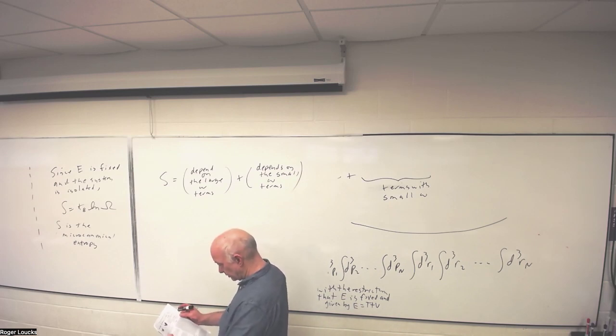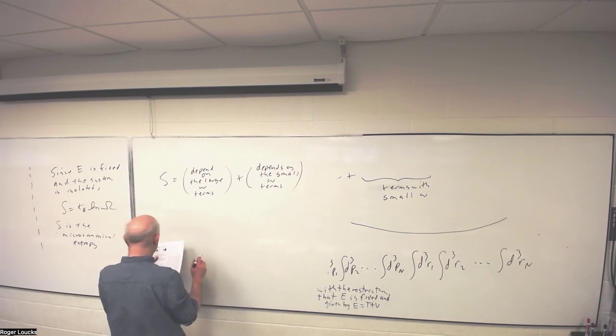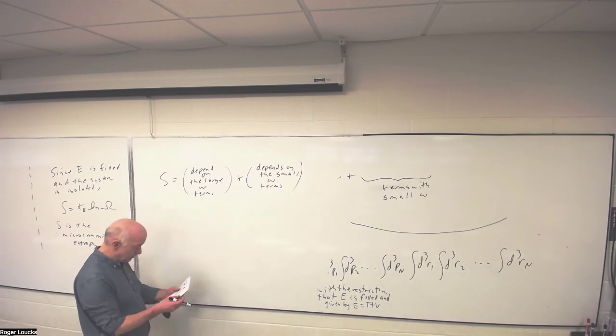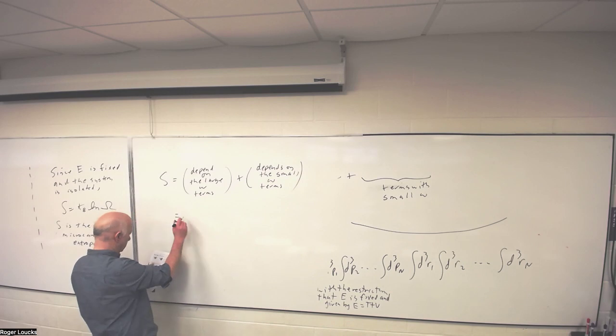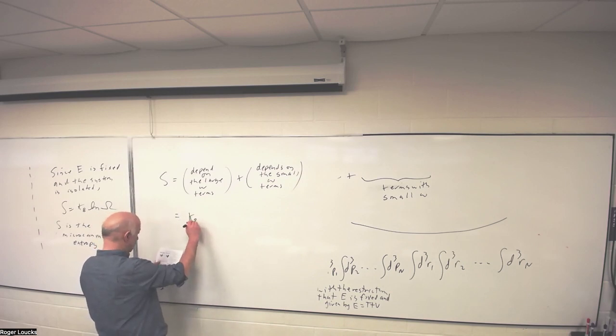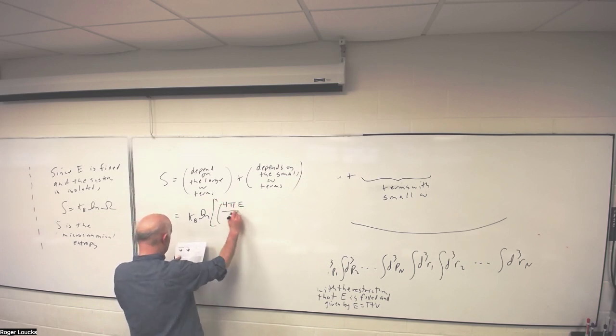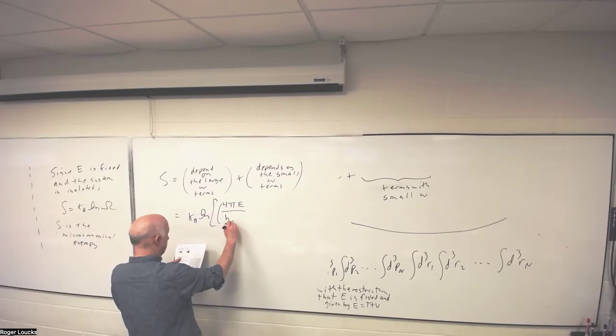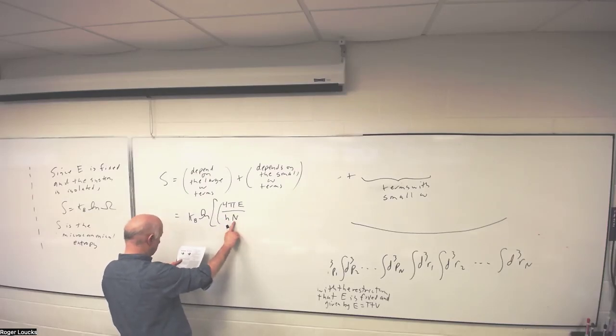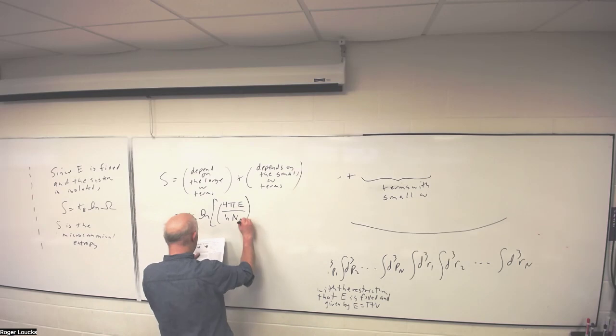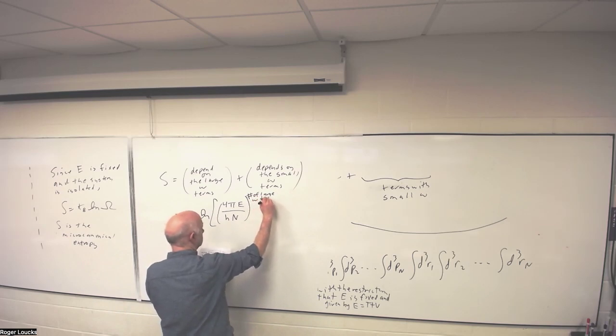It has some weird notation. I'll write kB log of 4 pi h bar N, where N is the total number of particles. So it goes h N, basically times the number of large omega terms.